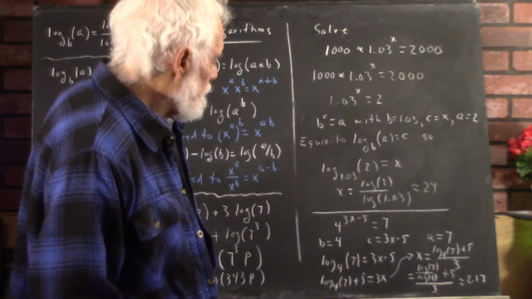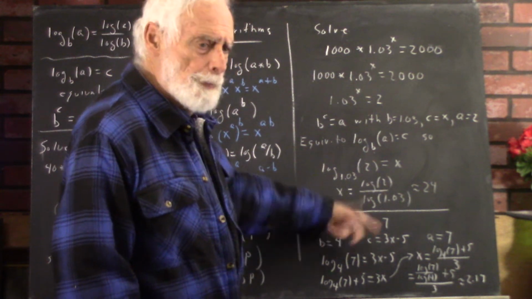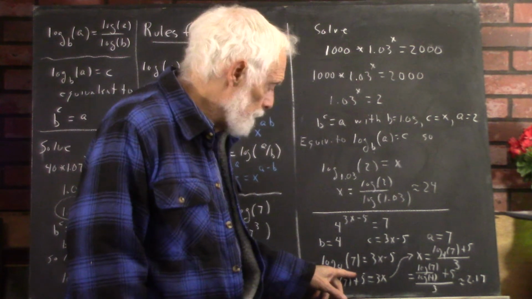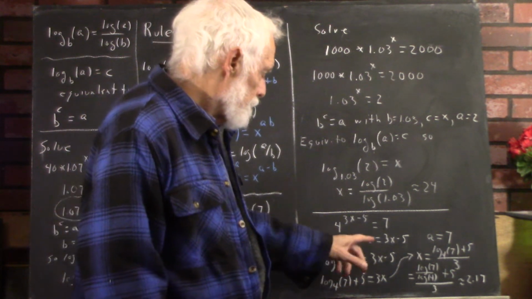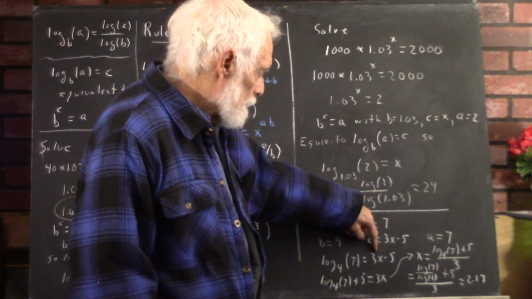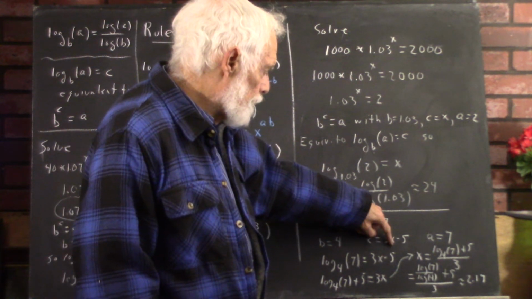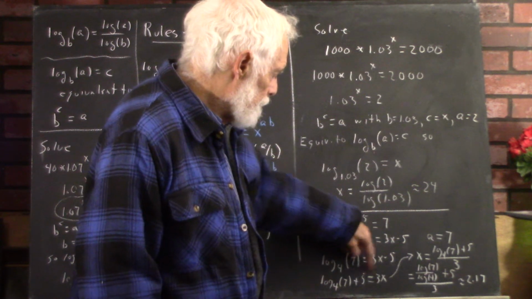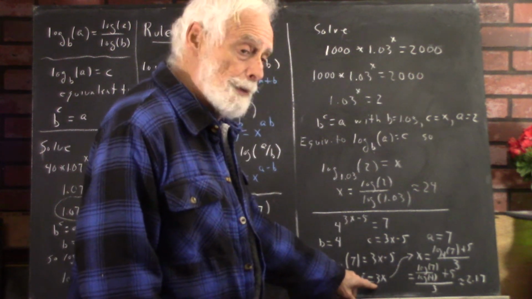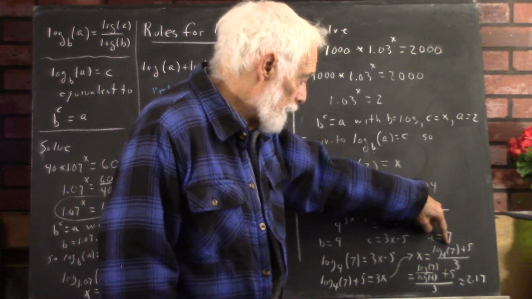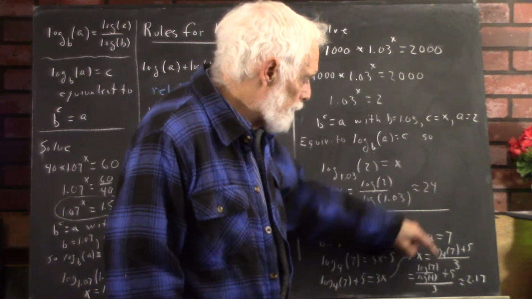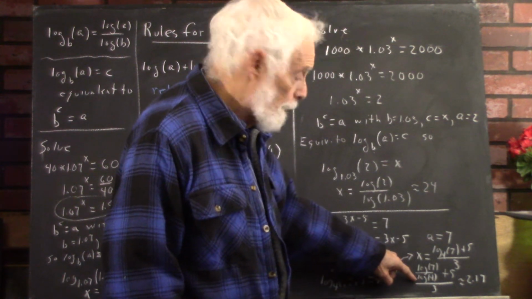It's possible to evaluate this approximately, but let's just keep it in its exact form for now, because it's actually kind of easier in writing out the numbers. So 3x minus 5, we add 5 to both sides, we get this. And then we want to find x, we divide both sides by 3, and here we have it. And then we write log base 4 of 7 as log 7 over log 4.